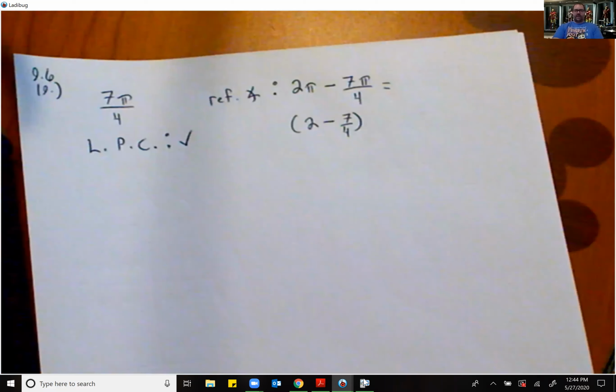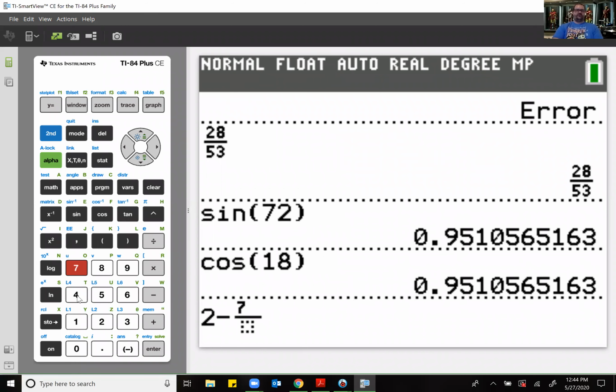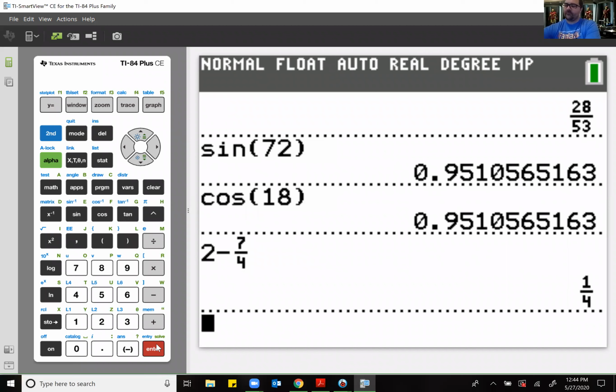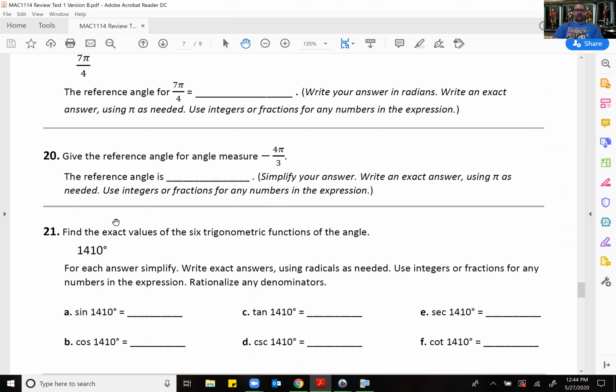Okay? So we go to our handy dandy calculator. 2 minus 7 fourths. And your reference angle is pi over 4. So all the answers for this guy, if we were looking at trig, would be based off of pi over 4. Okay?